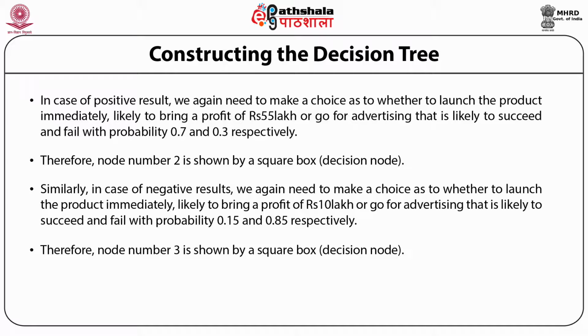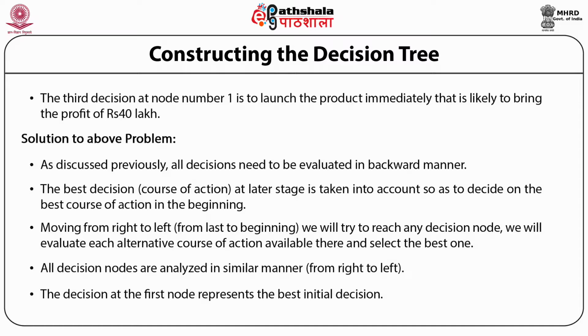So now our purpose is to remove this uncertainty prevailing at every chance node. Once we are able to remove the uncertainty at every chance node, we would be able to take the right decision.